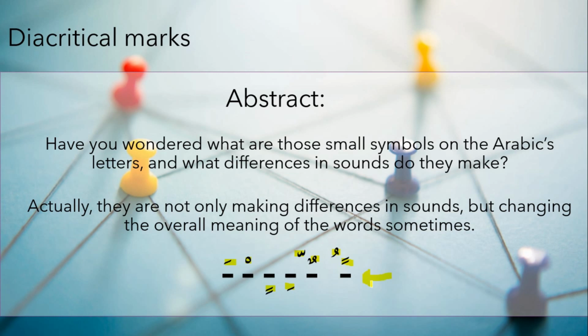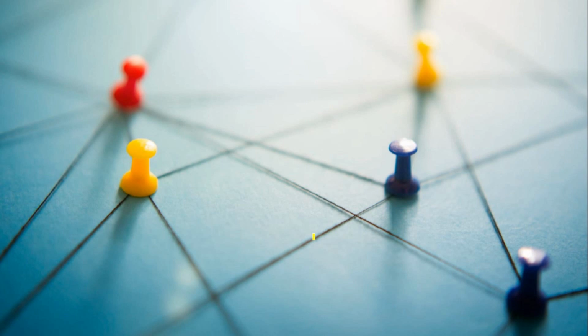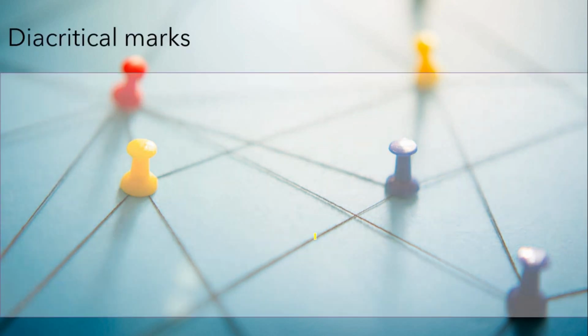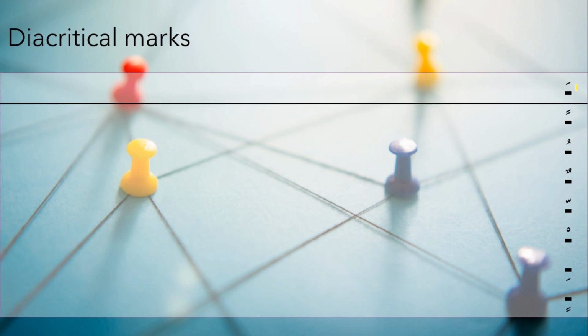So these bold lines are to present where the letter is, and the marks above and beneath are the diacritical marks that we are going to talk about today. It will be a one by one explanation. So these are the diacritical marks.